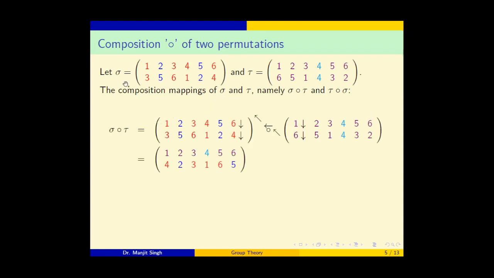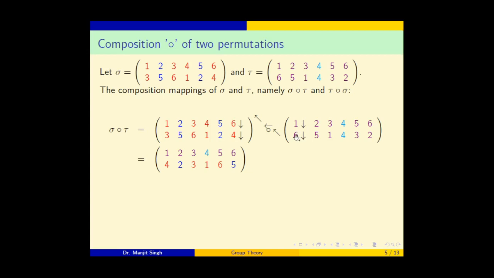Now we are taking the composition sigma and tau. Write sigma first and tau later, and when we deal with images of this composition mapping, we start from left to right, following the direction of the arrows given here. 1 has image 6 in sigma.